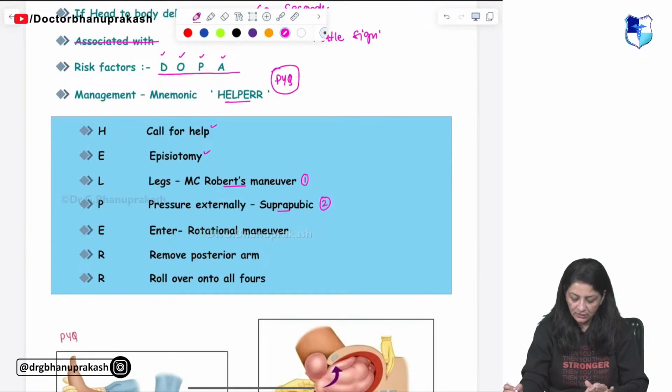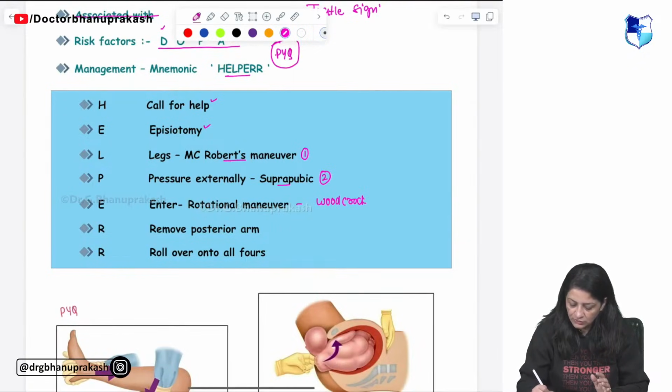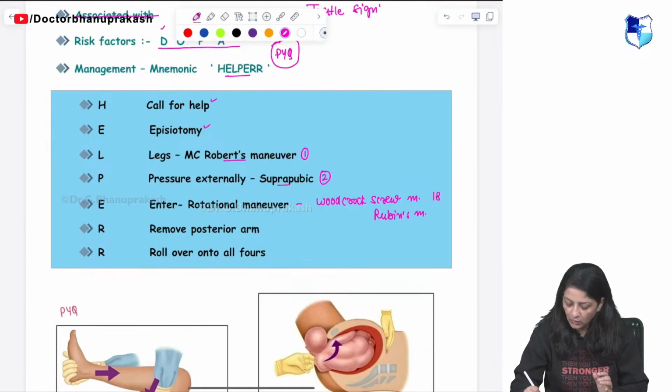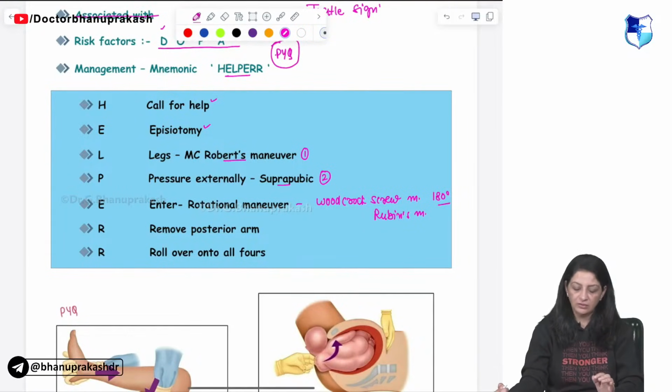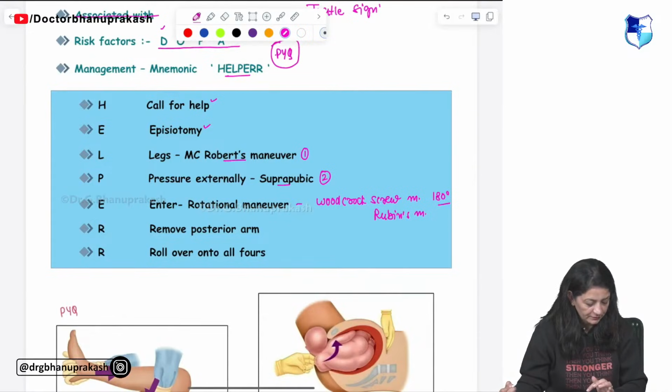Then enter rotational maneuvers: Woods corkscrew maneuver and Rubin maneuver. Rotation of the fetal body up to 180 degrees.